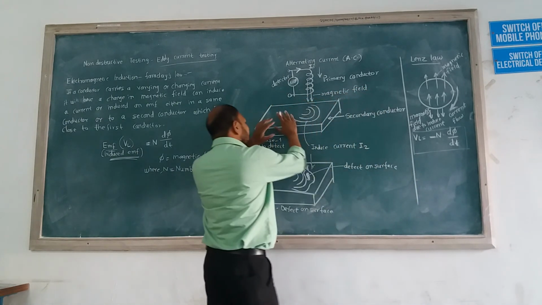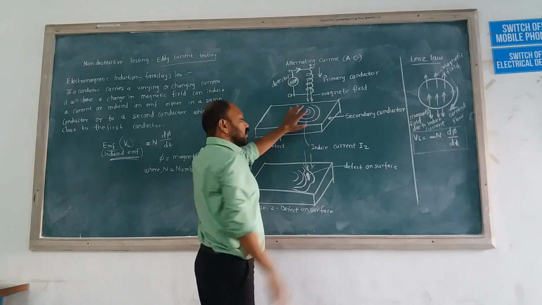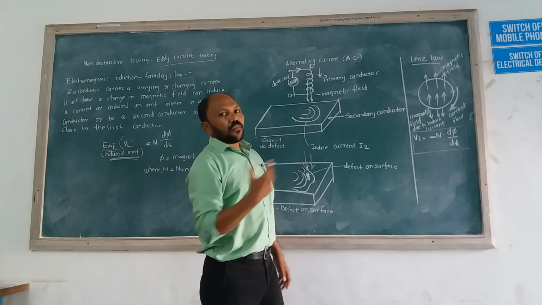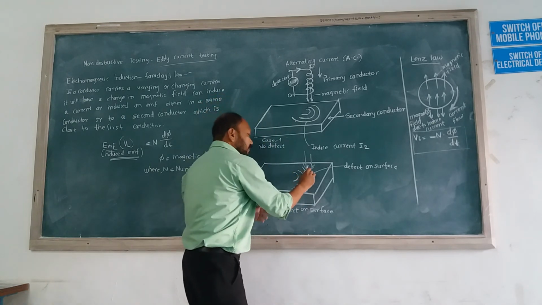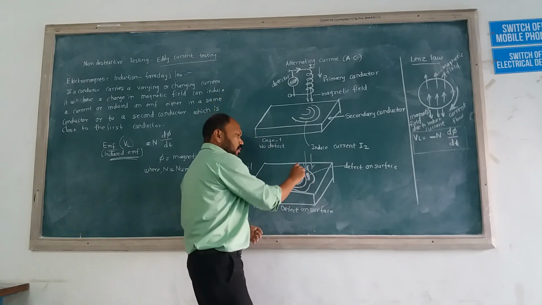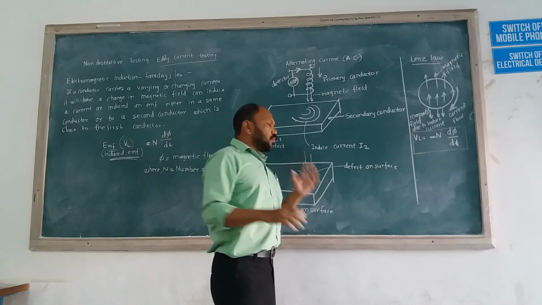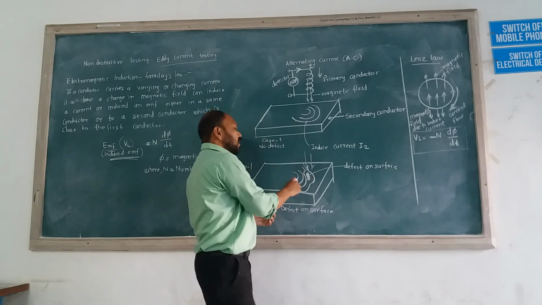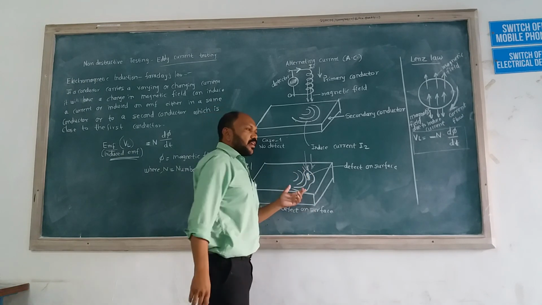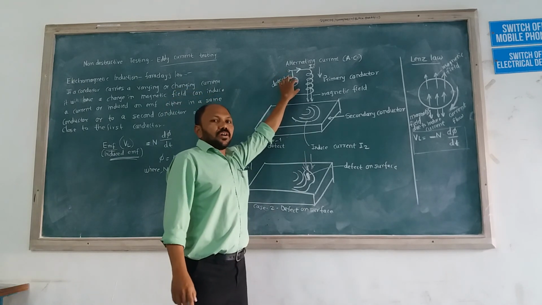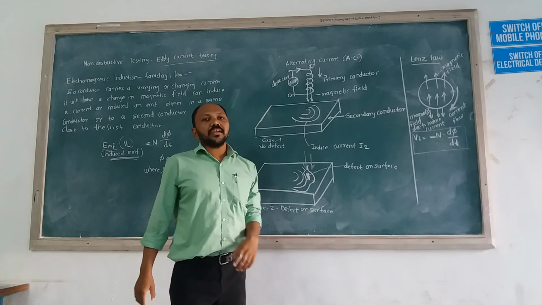We find the value by comparison. When no defect is present on the surface, we get a uniform current flow. But if defects are present, the flow is not uniform; it varies. Due to this variation, the magnetic field generated by the induced current changes, and that value is registered at the detector.